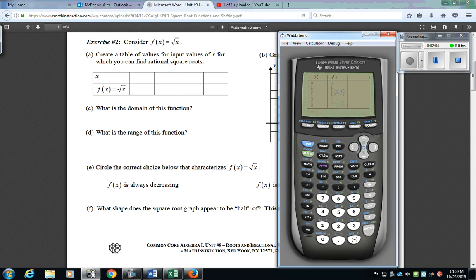I'm going to press second and graph to go to the table. What I talked about earlier, yes, you're going to see some errors. If I go anywhere in the negative area, I get an error for the y value, which means there's no answer.